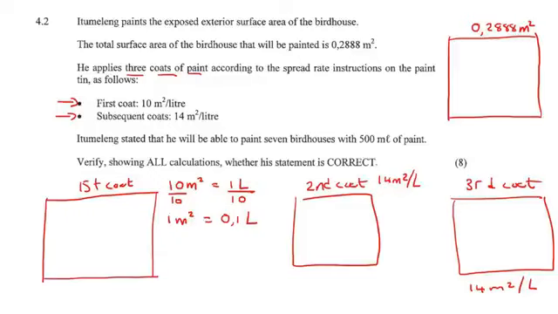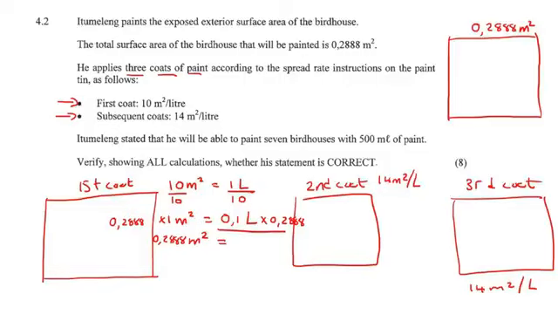Now, if we multiply this by 0.2888, and we do the same on this side, then what would this become? Well, that would become 0.2888.